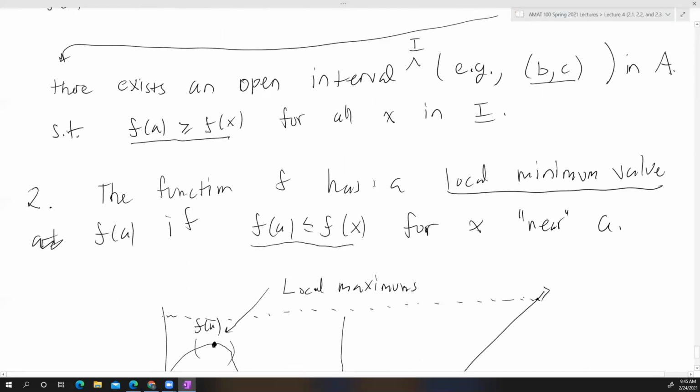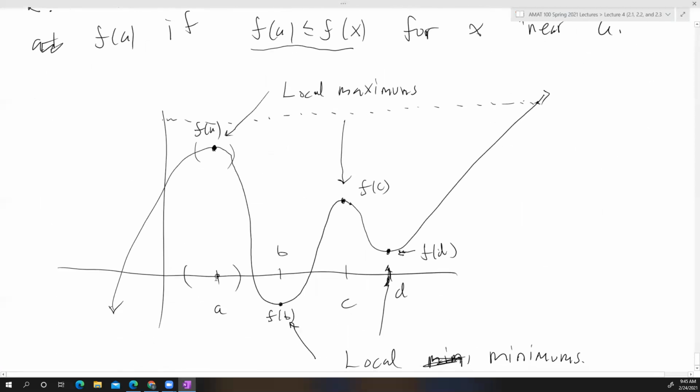This is just topology. Actually, all this is just talking about this field of mathematics called topology. When I say neighborhood of A, the point A, I mean an open interval containing A. So it's like this little tiny neighborhood of points.